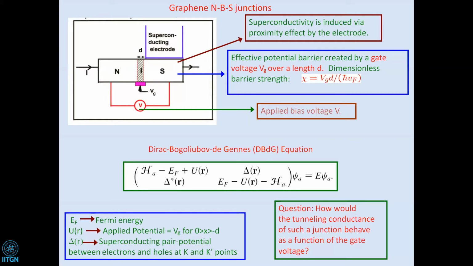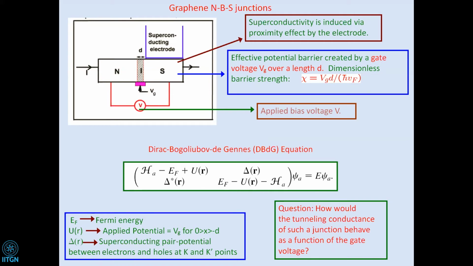Now the question that we asked is how would the tunneling conductance of such a junction behave as a function of the gate voltage? Now, normally you would say, well, we know how tunneling conductance of normal metal superconductor junctions behave, and it just goes down if you increase the barrier strength.